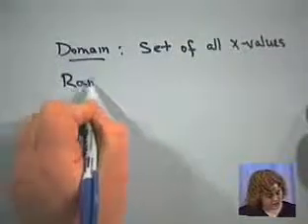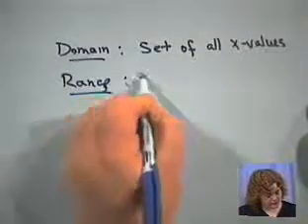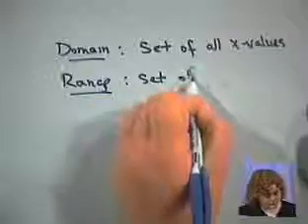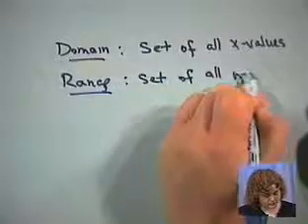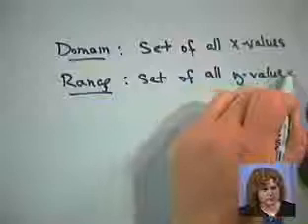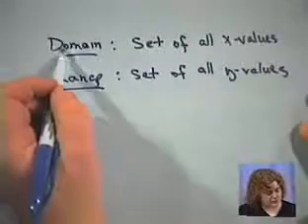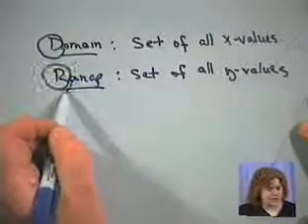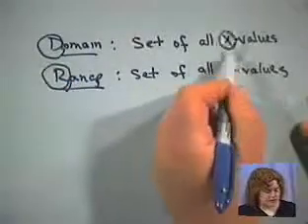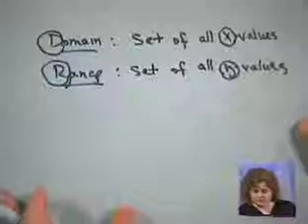And the range is simply the set of all the y values in your relation. And you can perhaps remember this because D comes before R in the alphabet and X comes before Y. That's a little memory device.